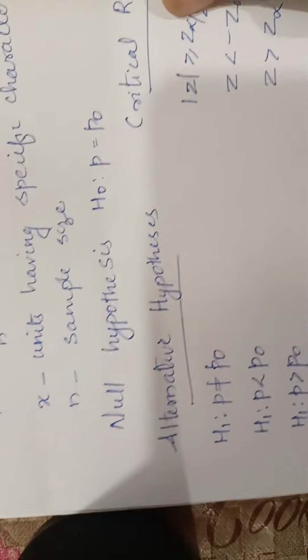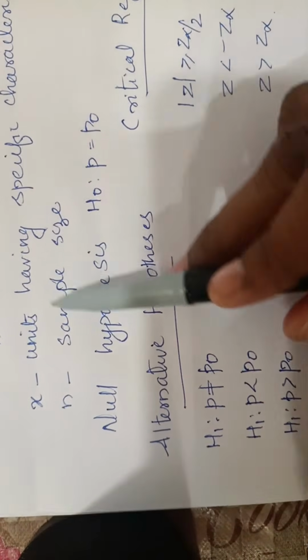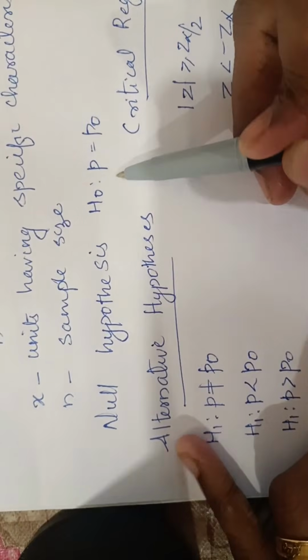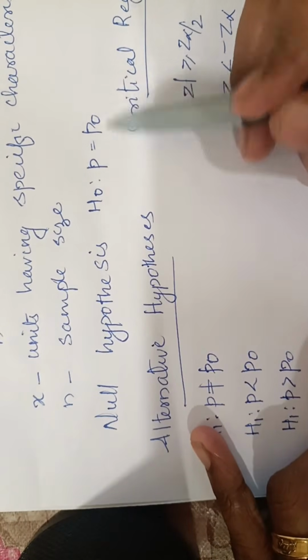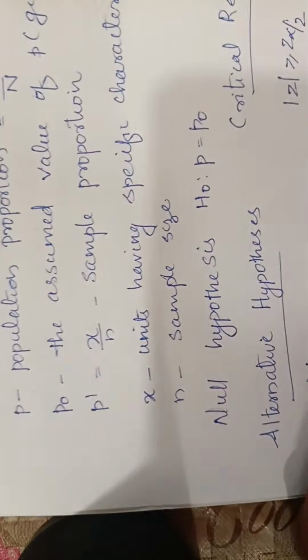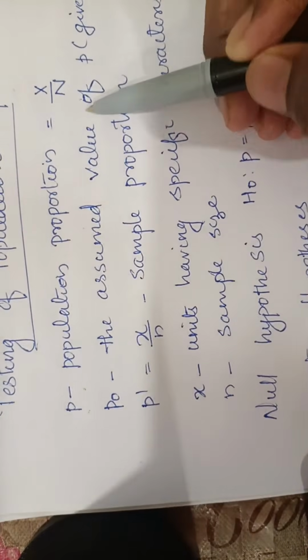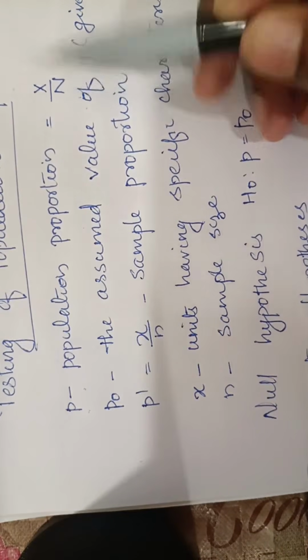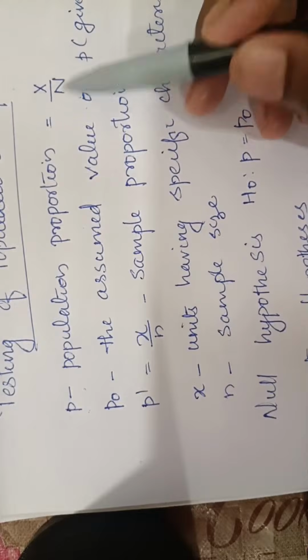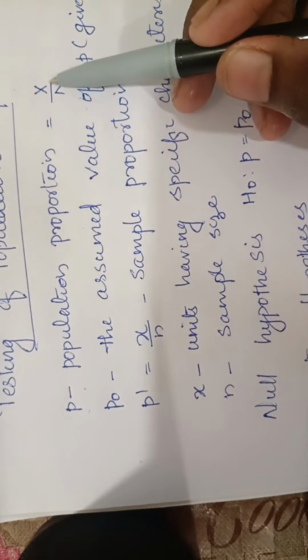Now we are going to test whether our population proportion is equal to some value. This proportion is defined as capital X by N, where N is the total population size, and out of that population we have a group having specific characteristics.